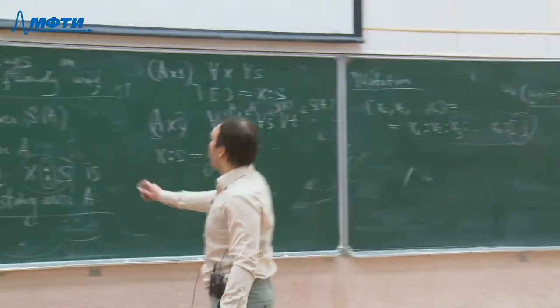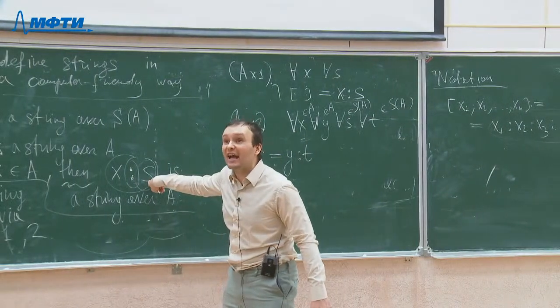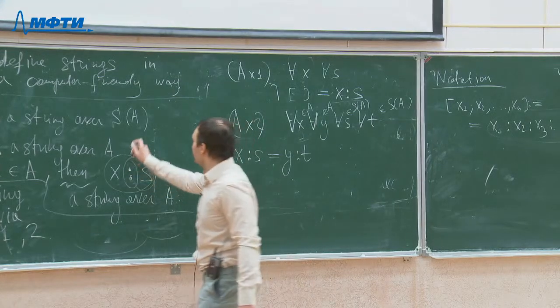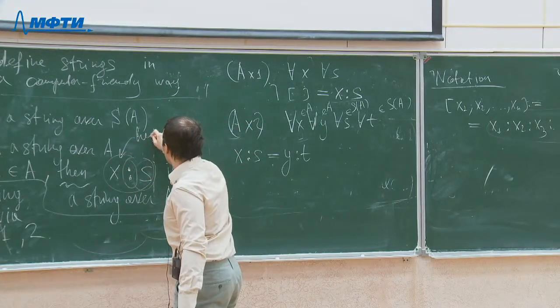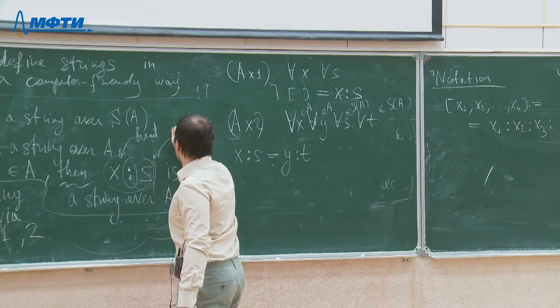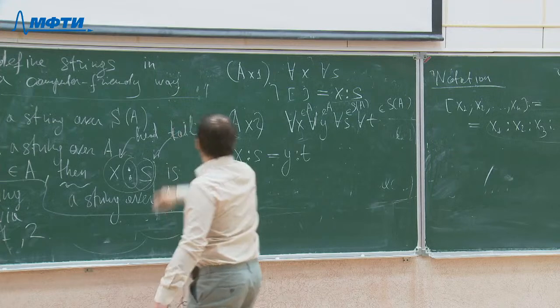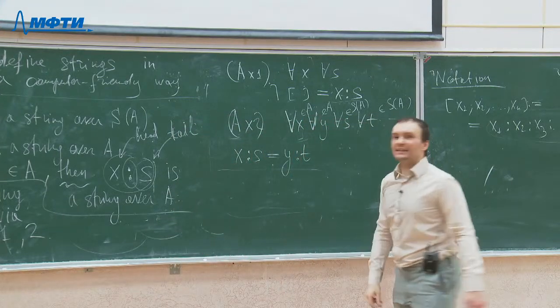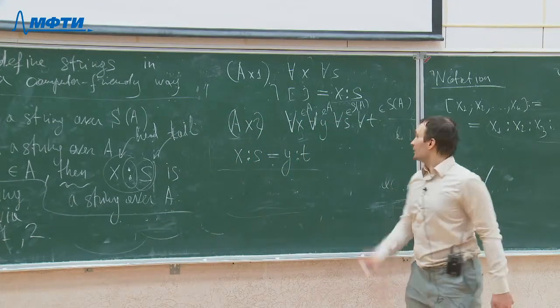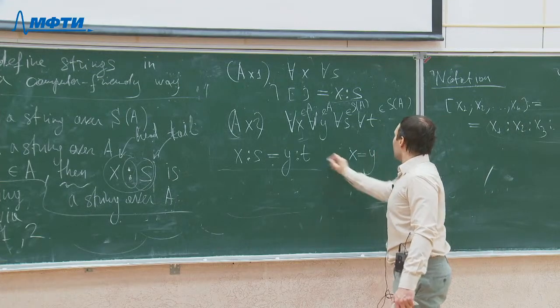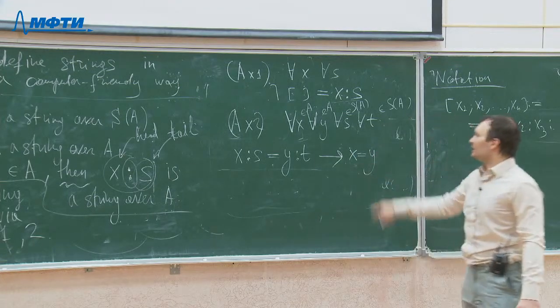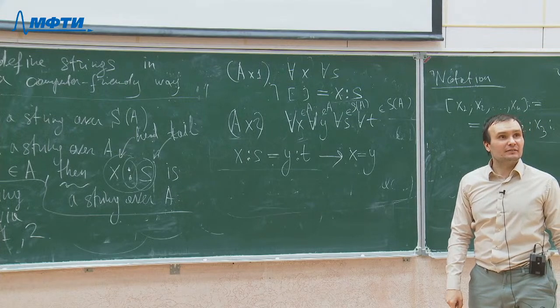And this is known as the tail of the string. When two strings are equal, their heads are equal. It is necessary, but is it sufficient? Is it enough?